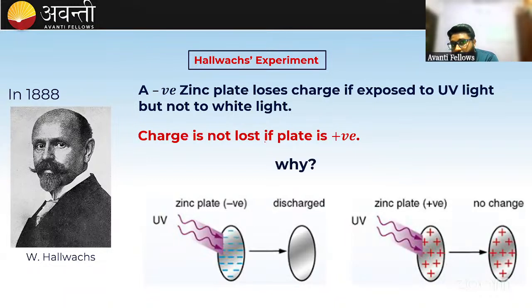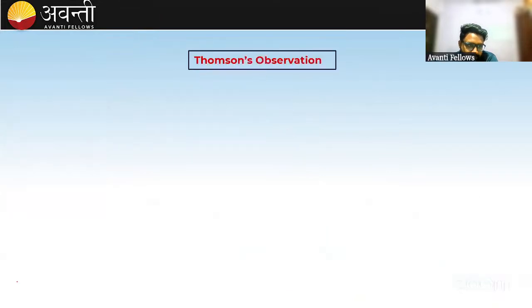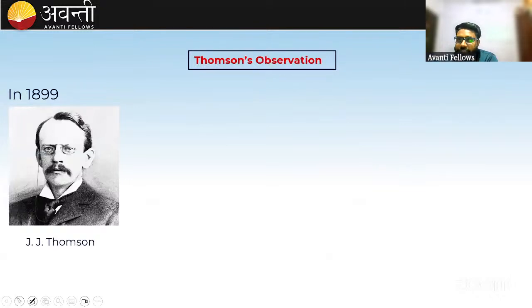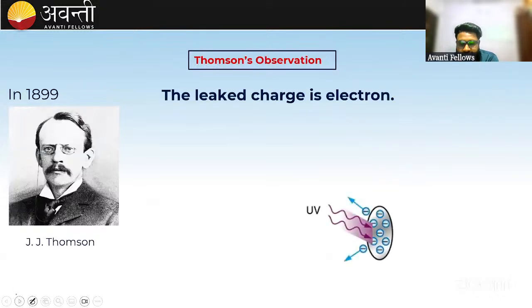Charge is not lost if plate is positive. Why is this generated at that time? इस why का आंसर देने के लिए we have Thomson in the house. So what was the Thomson observation? Thomson को we know about his contribution in the field of theoretical and particle physics, and basically the discoverer of electron we will consider J.J. Thomson. ठीक है. So he has suggested that the leaked charge is electron.